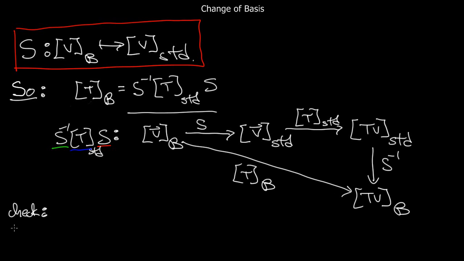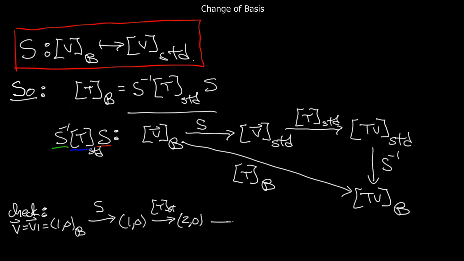So let's just see how this works in our example. Let's take v, for example, to be v1. That's in the new basis (1, 0). And let's apply S to that, and that's going to take it to (1, 0). And then let's apply the original matrix T in the standard basis to that, and we'll get, excuse me, (2, 0). And then when we apply S inverse, we're going to get (2, 0).